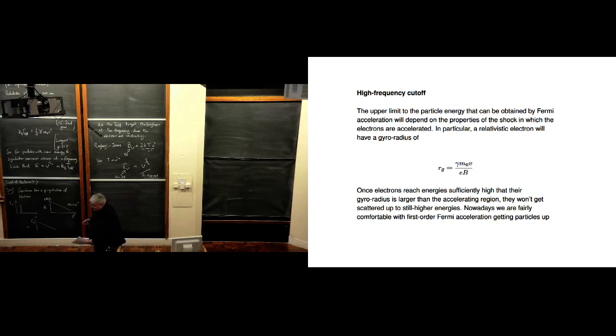Now, there's a little caveat that I'll put in right at the start of this discussion, which is to say that, yeah, of course you do expect there should be some natural upper limit anyway, if you think about our discussion of shock acceleration. When we talked about shock acceleration previously, we had as part of that the idea that there's always a probability that the electron will be swept away out of the region of the shock.